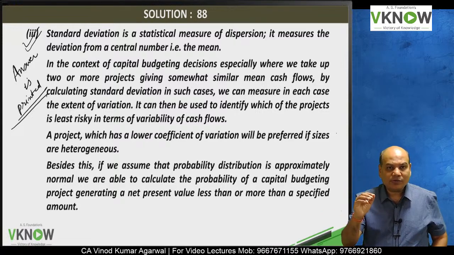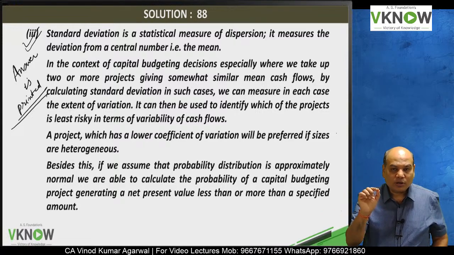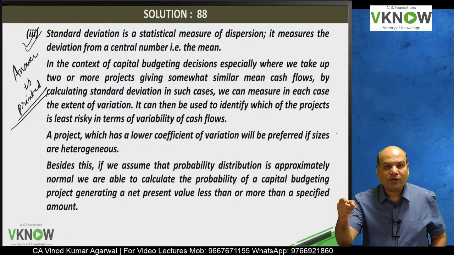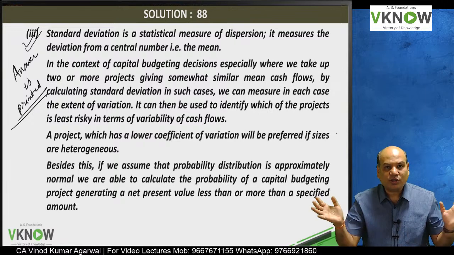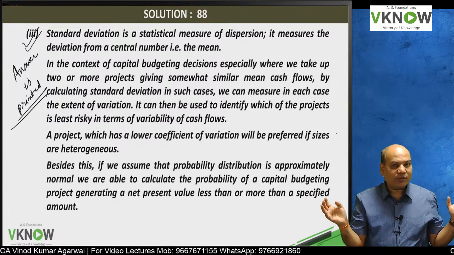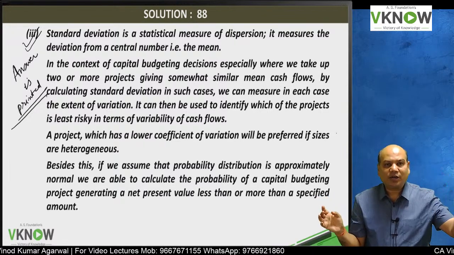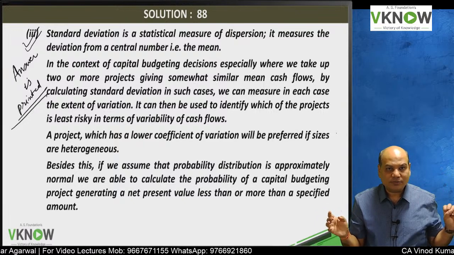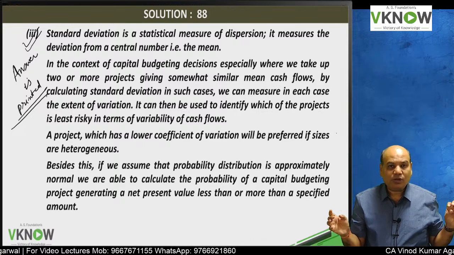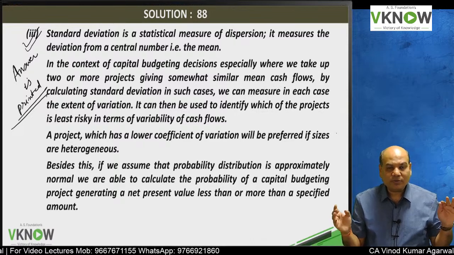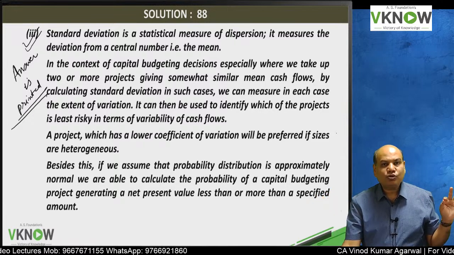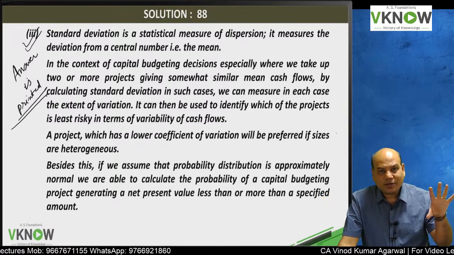Second benefit, which we have seen today, is that you can use standard deviation to compute the coefficient of variation in case of heterogeneous projects. What is heterogeneous? When the expected NPV and standard deviation both are different, then you can compute the coefficient of variation, find the relative riskiness of the project, and choose the one which has lower relative risk.